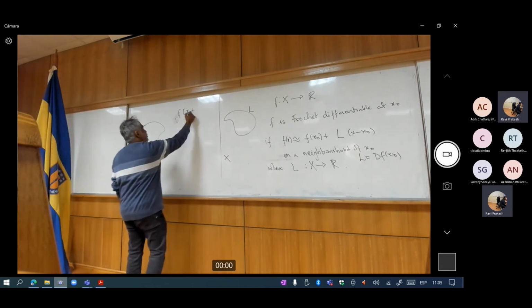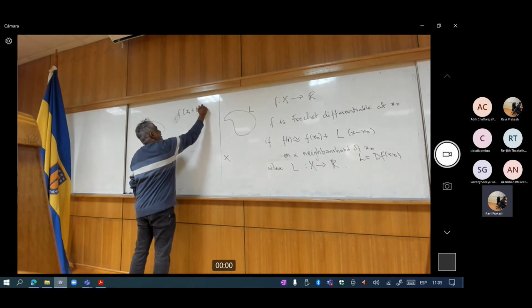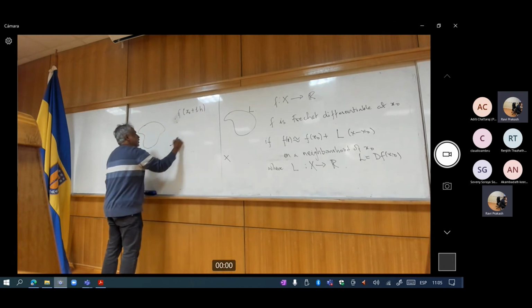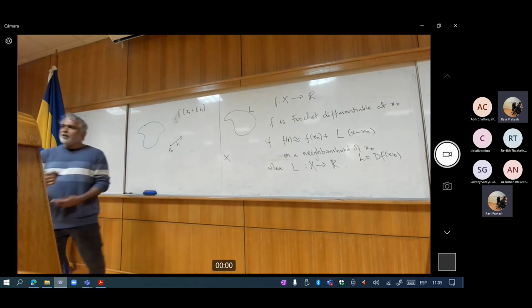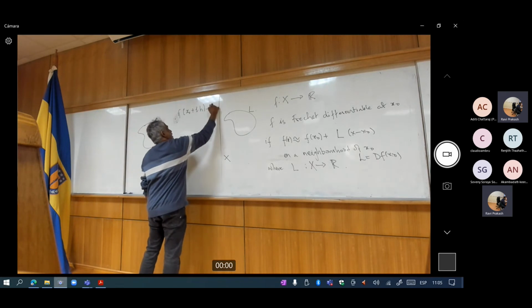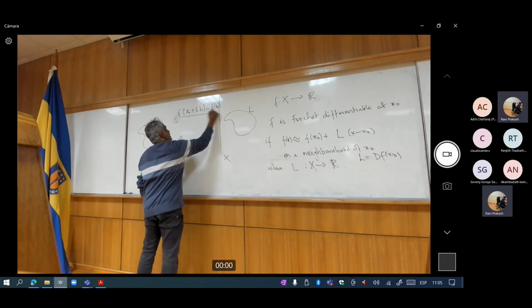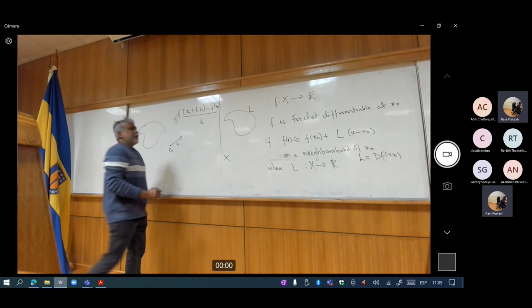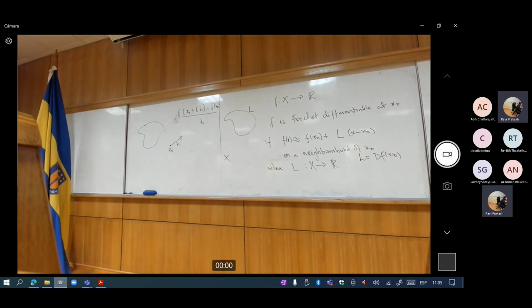So how do you do that? You move the point in some direction by a certain amount t, and you compare, and then you calculate the variation of the values when you vary the point. So this gives you the local approximation.